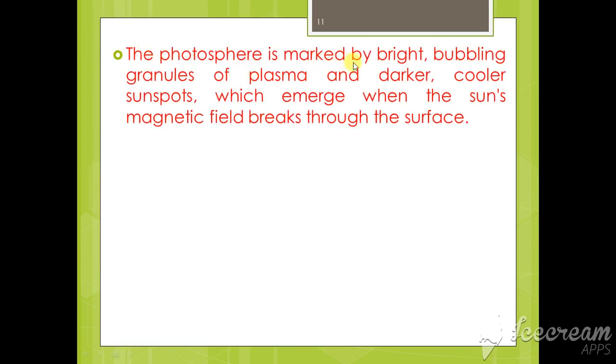The photosphere is marked by bright bubbling granules of plasma and darker, cooler sunspots which emerge when the sun's magnetic field breaks through the surface. I will explain the sunspot and the photosphere picture in the next slide.